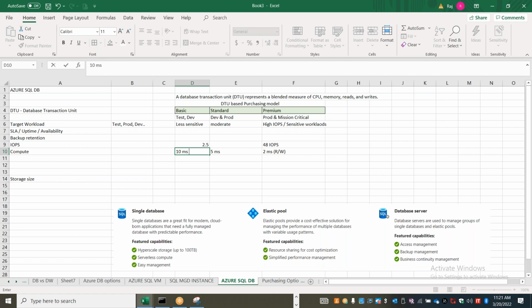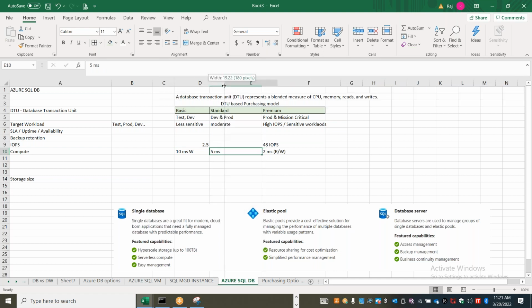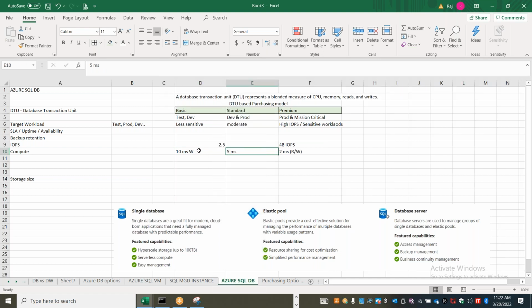It might take up to 10 milliseconds to write and complete the transaction, and up to 5 milliseconds to read. It depends on read and write also. Sometimes the read might be a little faster, completing in 5 milliseconds, but it will take 10 milliseconds to complete the write operation and confirm back. Okay, are you guys following?